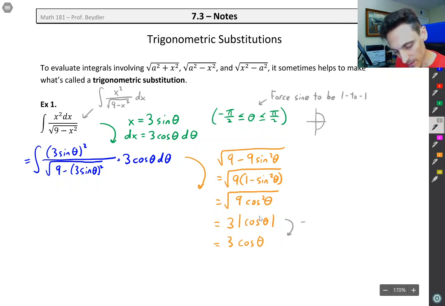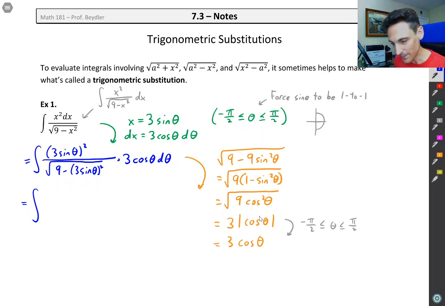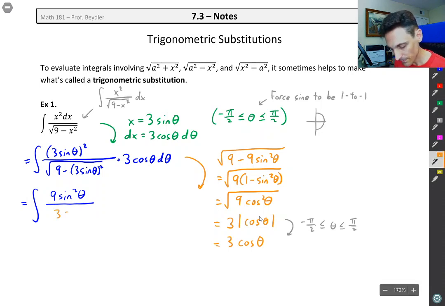We can take this step because theta is between -pi/2 and pi/2. Okay, well that simplifies a lot inside the radical, it collapses it down completely. And what we have here, coming back to the integral, is 9 sine squared theta on top, and 3 cosine theta on the bottom, based on all the work that we just did.